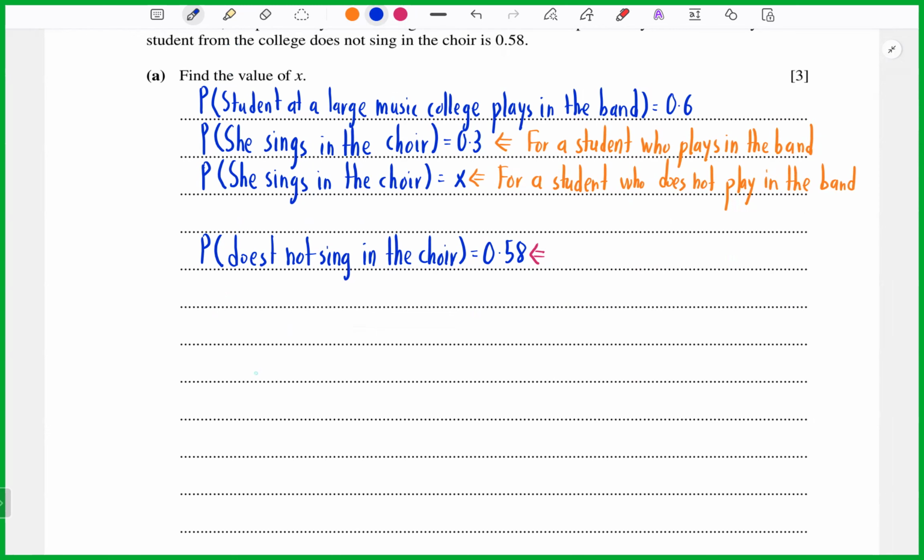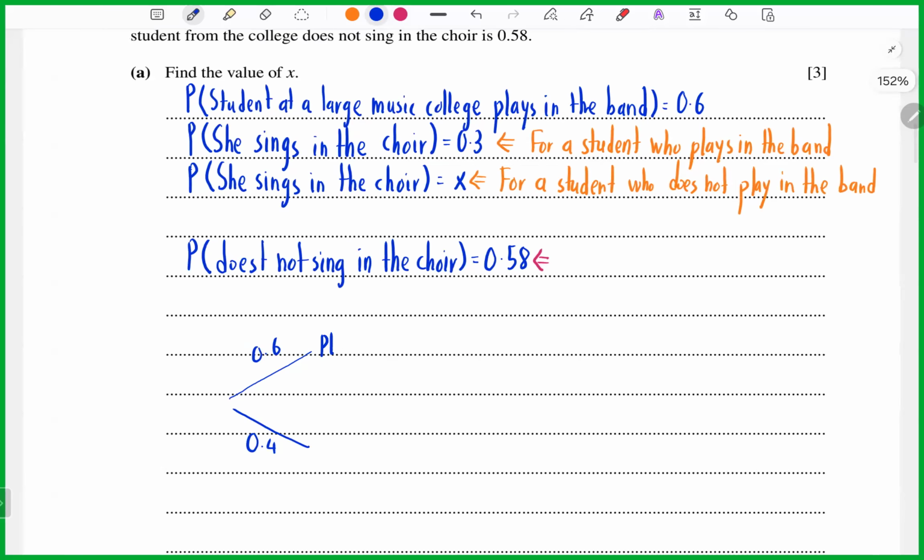0.6, okay. This is for plays in the band, and this is for does not play in the band.